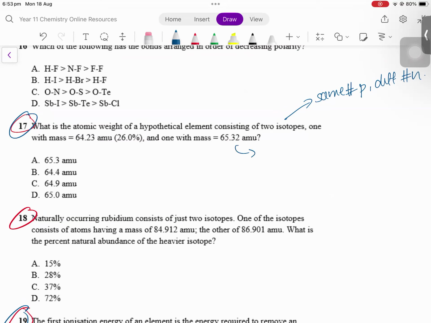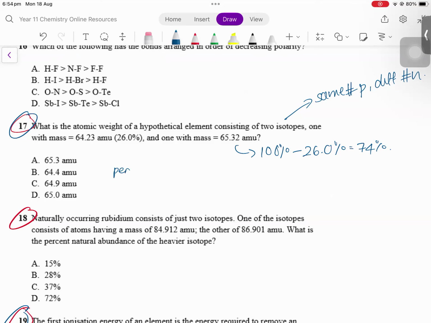The first one is 26, which means the other one is 100% minus 26%, which gives you, you don't need a calculator for this, 74%.